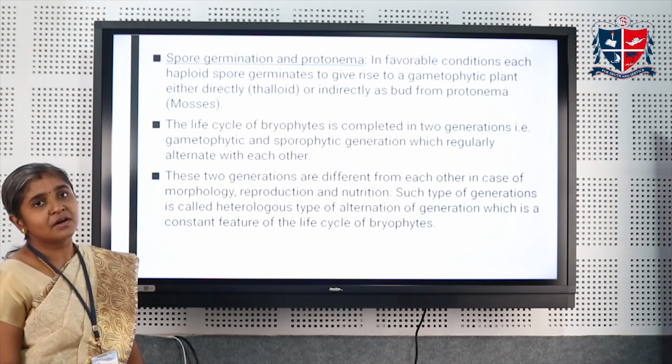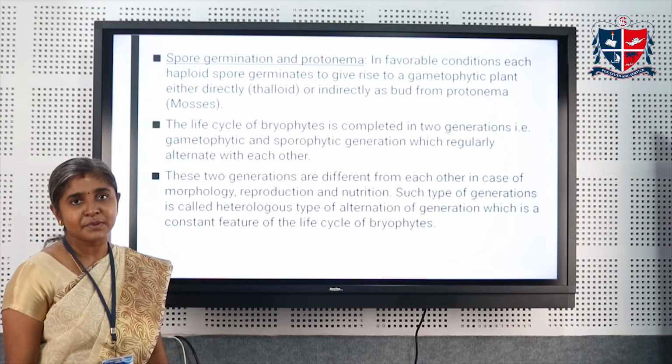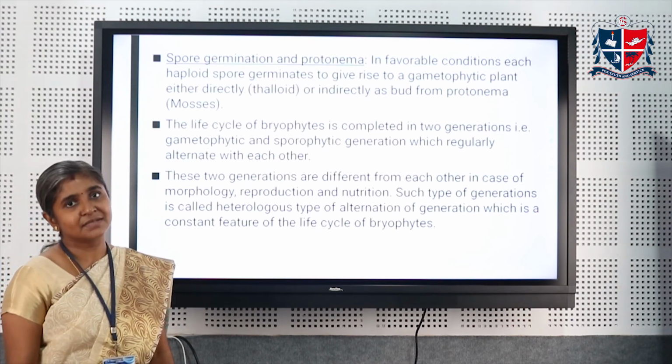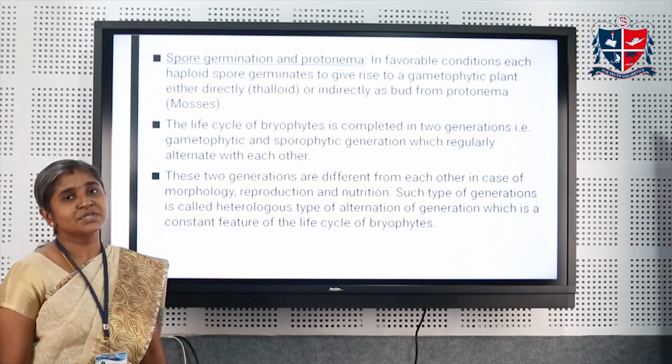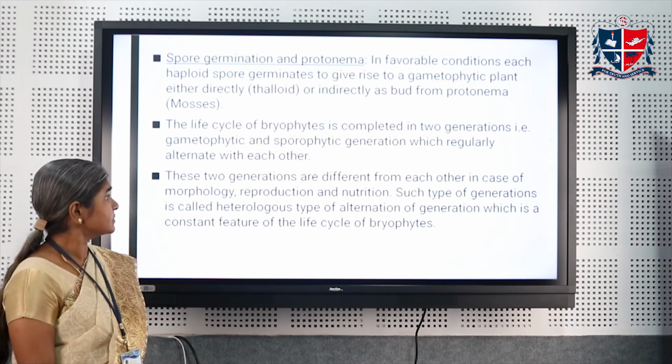The life cycle of bryophytes thus can be seen, it is completed in two generations, that is a gametophytic generation and a sporophytic generation, and these two generations generally alternate with each other.